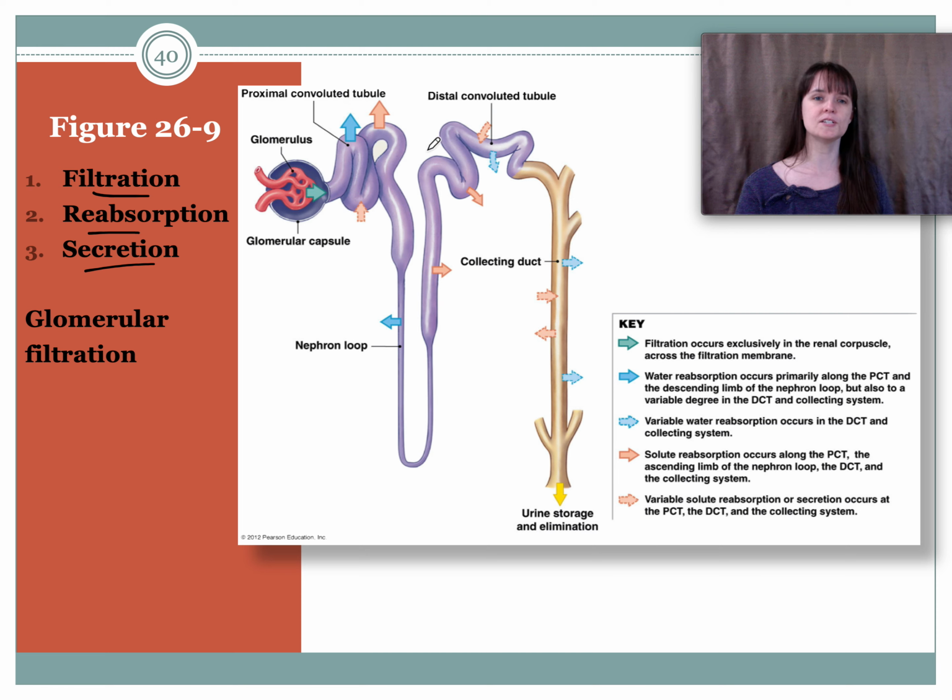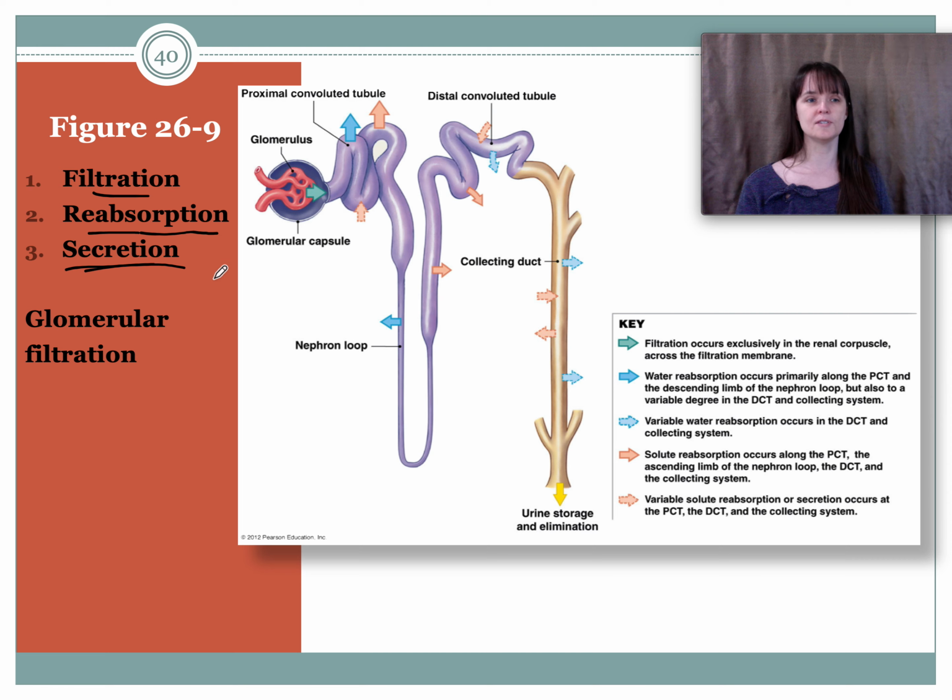Whereas secretion is where you take other wastes that are in the bloodstream through these cells and secrete them into the tubular fluid so that they will be peed out. So reabsorption is recatching all of the peas before they fall in the sink and keeping them in your food, because peas are good stuff.